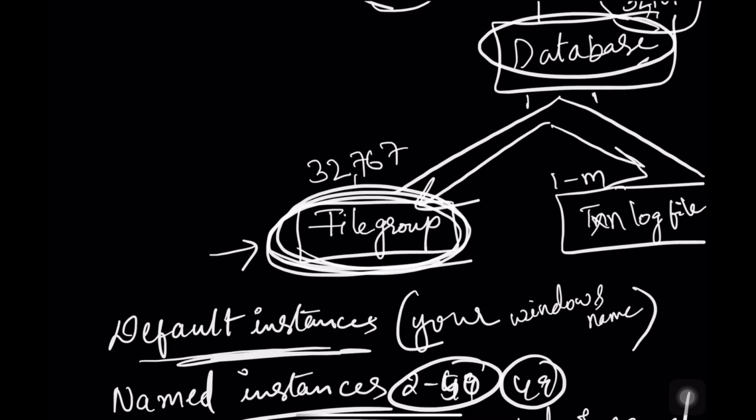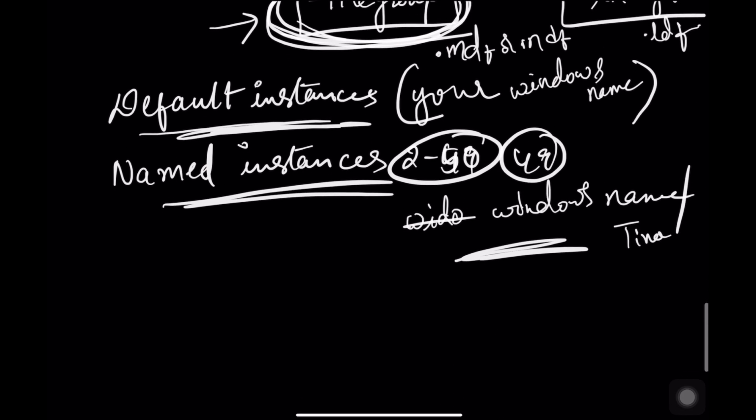The file can be named with .mdf or .ndf. And the transaction log file tracks every change, like a CCTV camera for your data. Its file extension is .ldf. So here's where the architecture starts getting really interesting, right?